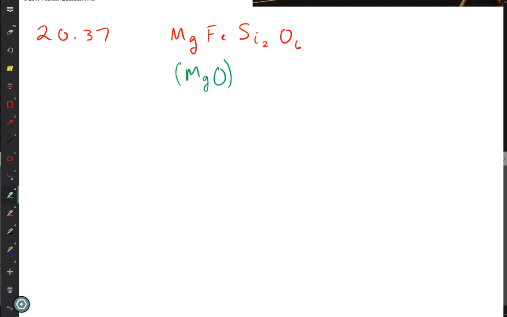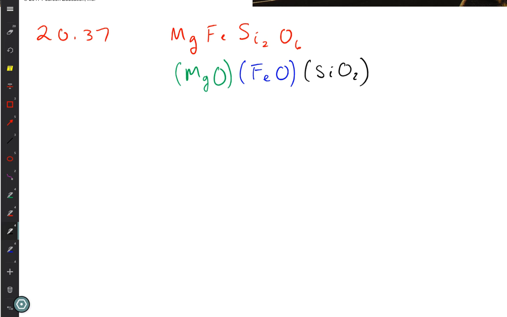MgO with some subscript, and then FeO with another subscript, and finally SiO2 with some subscript. So if we look at these, in that base formula, how many magnesiums do I have? 1.